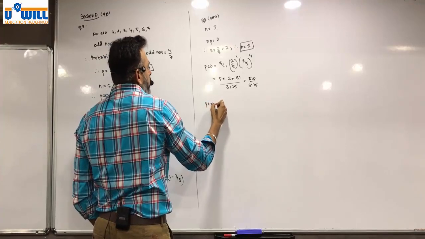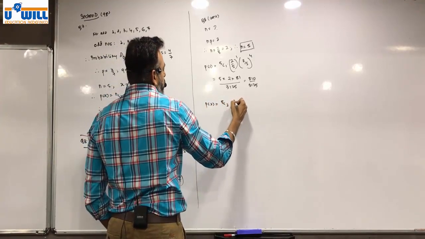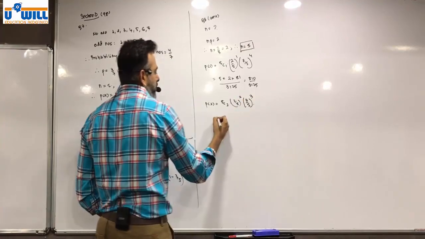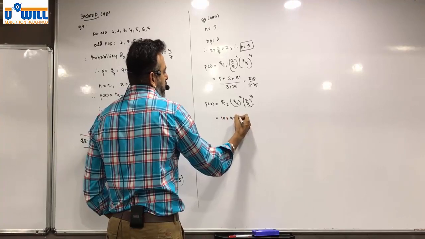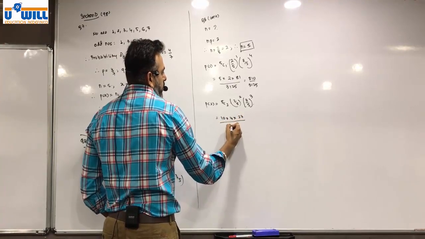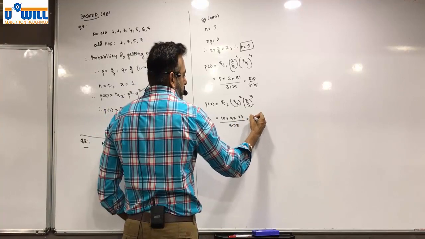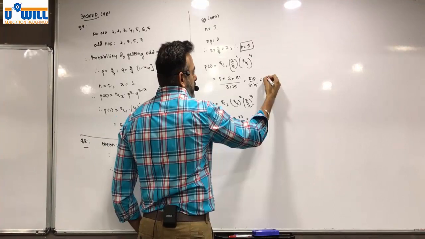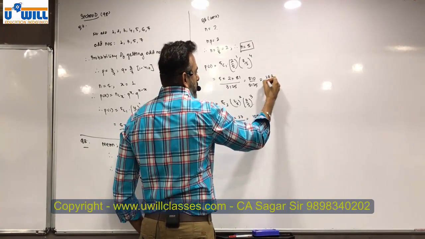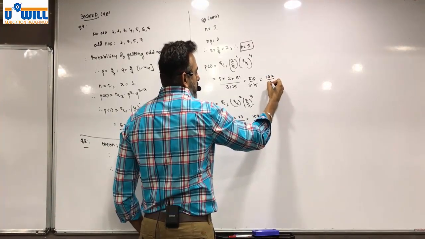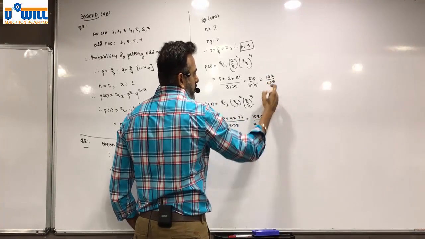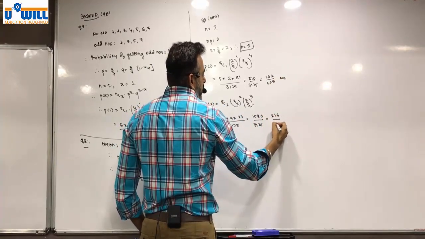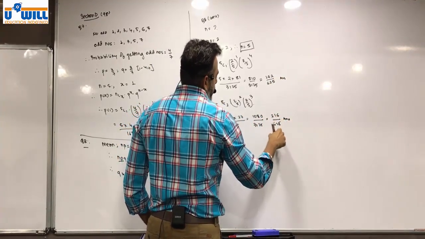And P of 2 is equal to 5C2 into (2 by 5) raised to 2, (3 by 5) raised to 3, which is equal to 10 into 4 into 27 upon 3125, that is 1080 upon 3125, which is 216 upon 625. Answer.